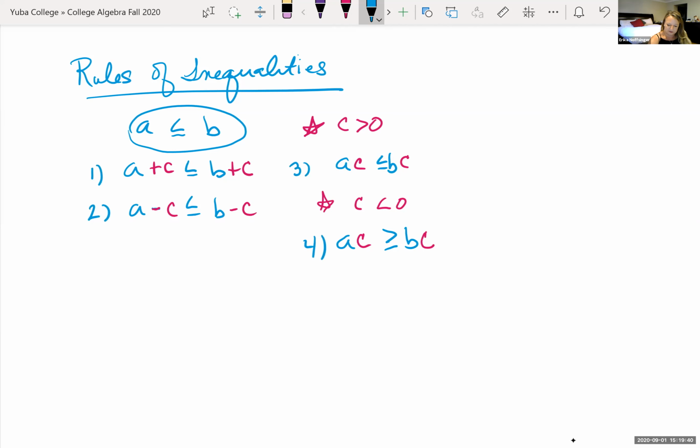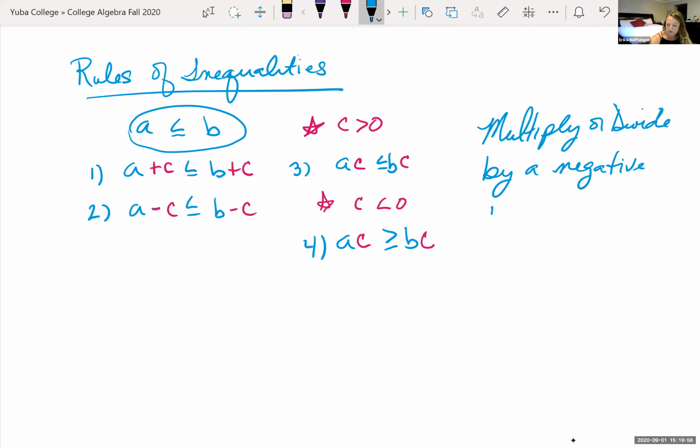So when you multiply or divide by a negative number, remember to flip the inequality sign.